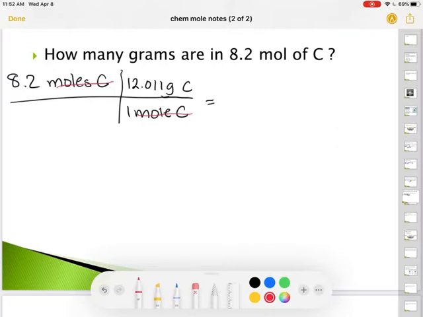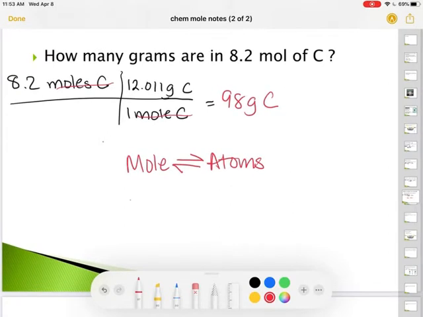Okay, we're going to round that to 2 digits and get 98 grams of carbon. Okay, so what we've done so far are these one-step conversions. We're going from either moles to atoms and back, or we're going from moles to grams and back.